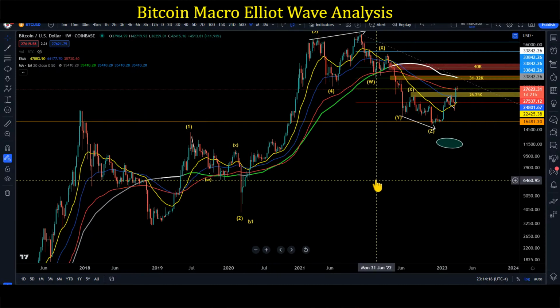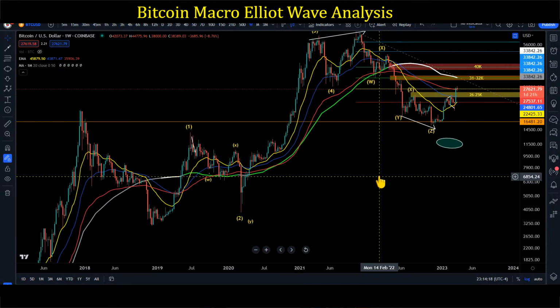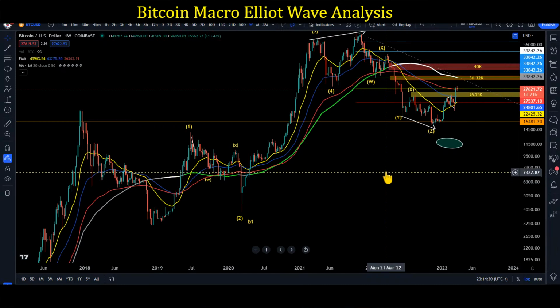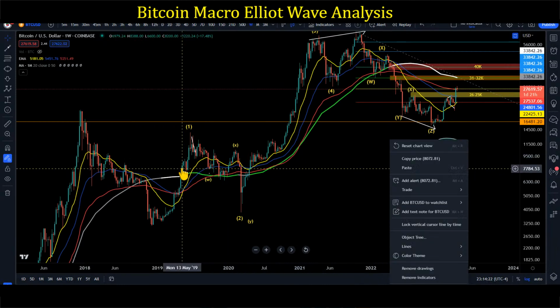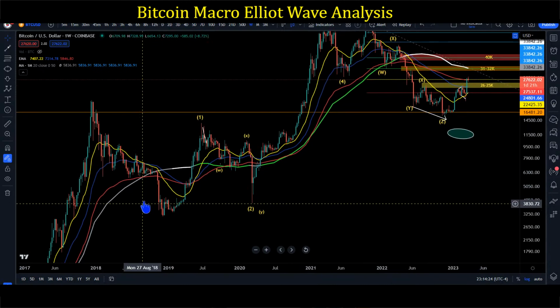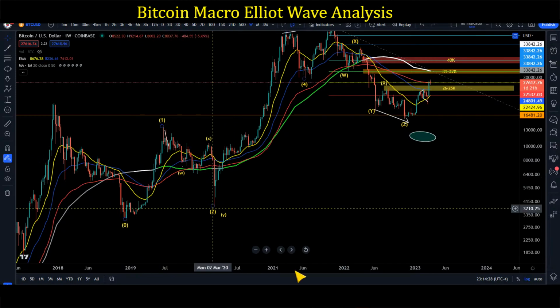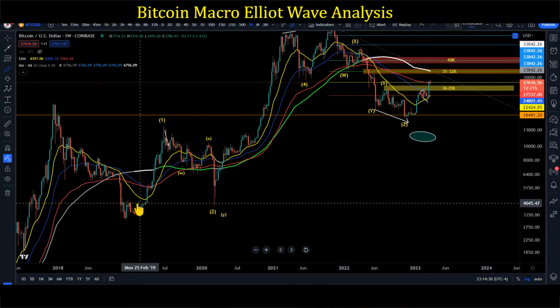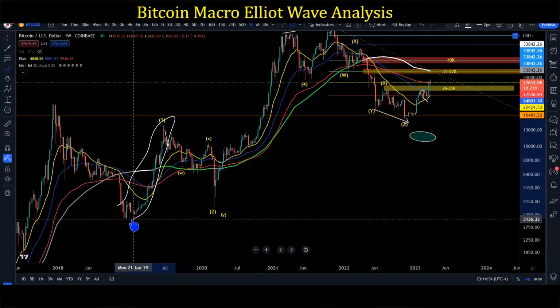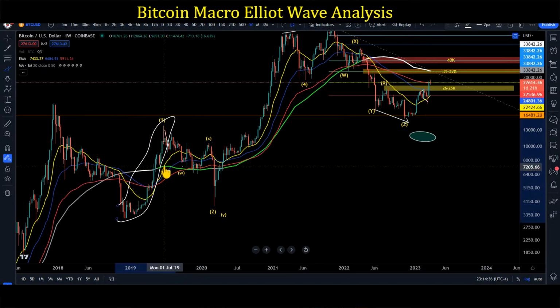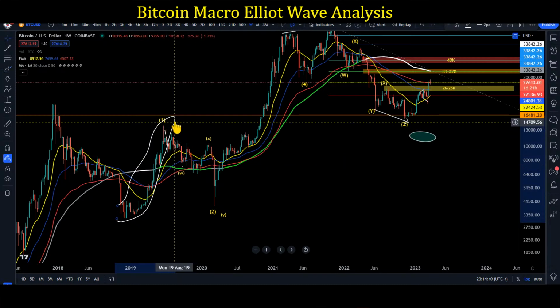So we'll see how it goes, okay? And for our mini bull run in 2019 right there, right? We picked after the 21 EMA, that yellow line, crossed above the monthly 20 SMA.